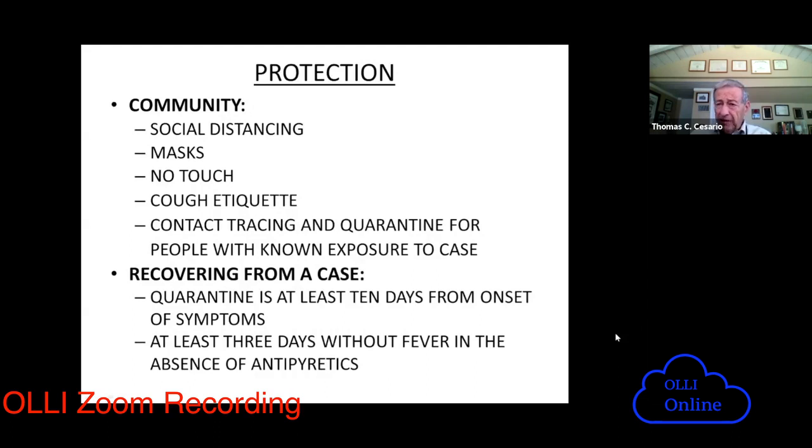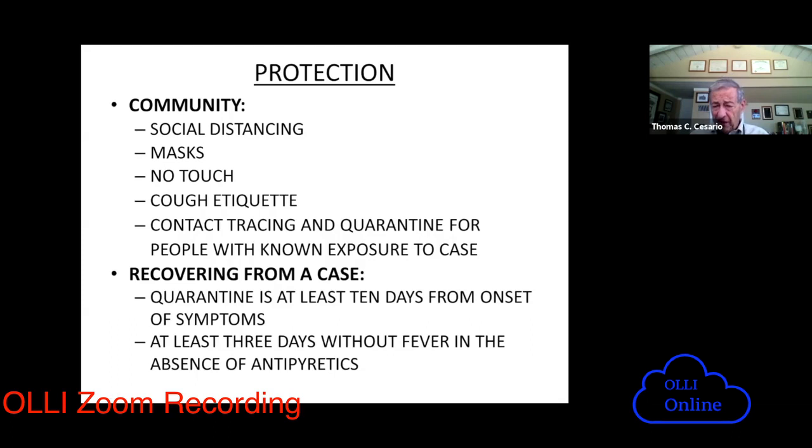Now, we've talked about how easy it is to transmit the virus and what can go on. The key thing I want to emphasize is what can you do to protect yourself? And keep in mind, the idea here is not to breathe in those few hundred virus particles that are capable of infecting you.